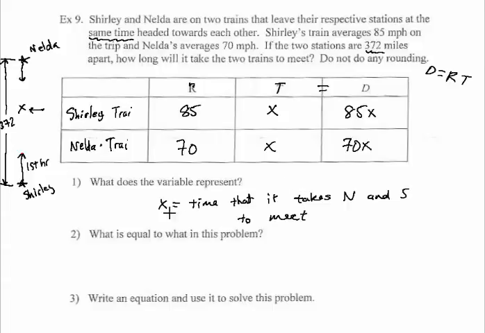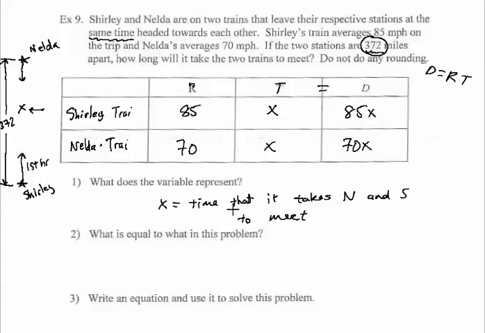Alright, what is equal to what in this problem? Well, we have Shirley's distance, we have Nelda's distance, and then after you've completed the table, typically what you do is you look back at the problem up above and you spot a number that you haven't used in the table. So we had just talked about how this is our total distance that they travel together.